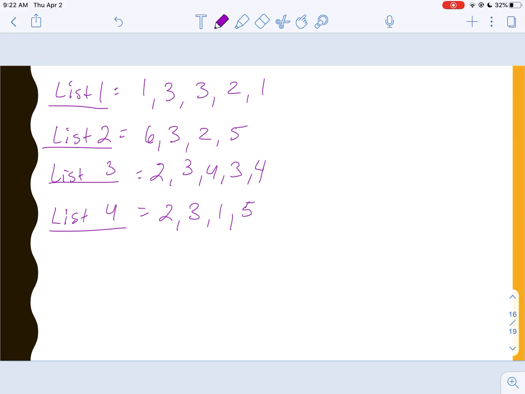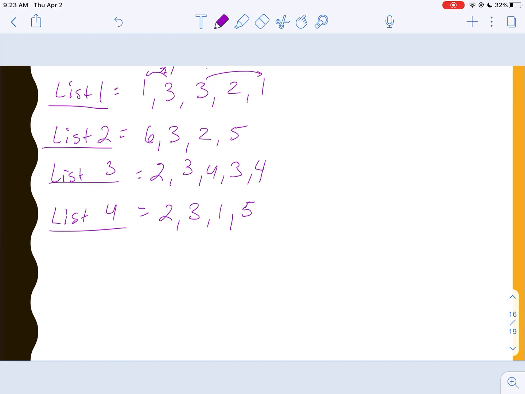In number 2, it asks us to do the same thing. It gives us 4 more lists. So here we could build a tower of 1, a tower of 3, a tower of 3, a tower of 2, and a tower of 1. And then we need to even them out. So if I take 1 away from 3, subtract 1, and then add 1 to the other tower, we would have 2 there.